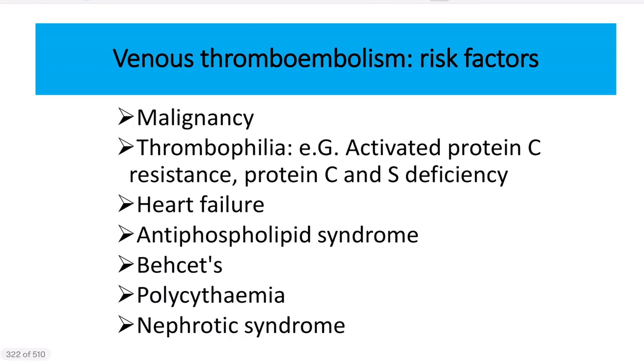Then malignancy, another cause. Thrombophilia, that means activated protein C resistance or protein C and S deficiency. Sometimes in a patient, protein C and protein S are congenitally absent, and in this condition there is also increased risk of thromboembolism, because protein C and protein S are natural anticoagulants.